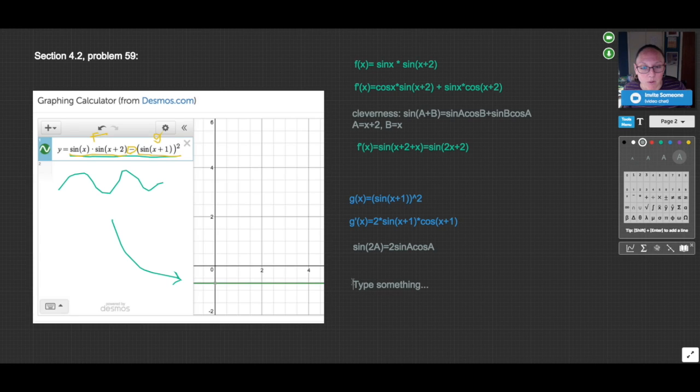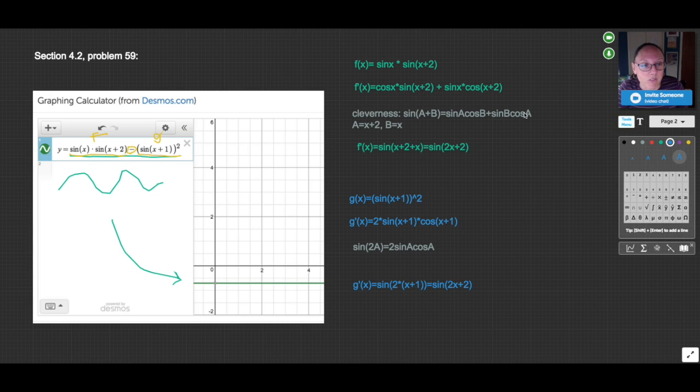If we apply that trig identity to our derivative, now our g prime of x is going to turn into sine of 2 times x plus 1, and distributing that out, I'm looking at sine of 2x plus 2.